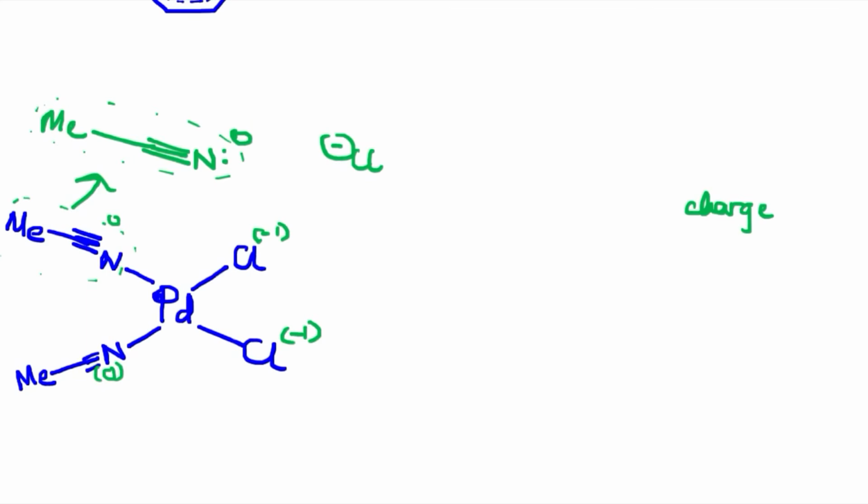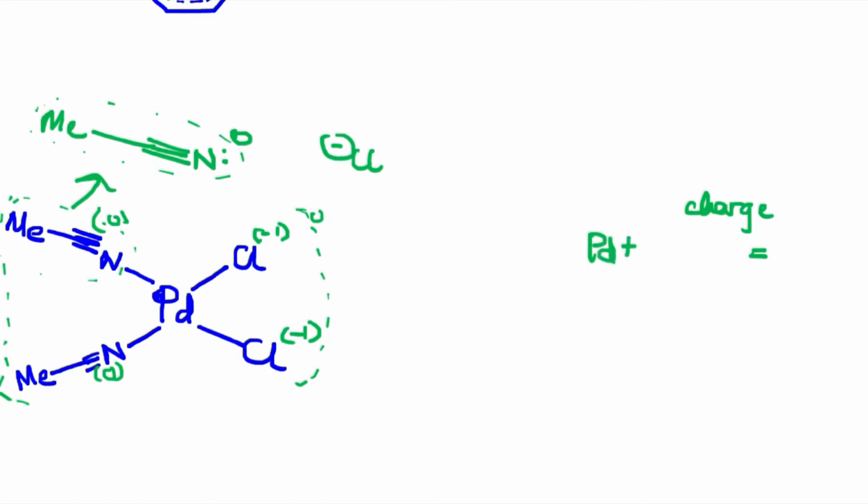Once we're trying to do the calculation for the overall charge for this particular compound, which is also considered to be 0, we now have to determine what the charge of palladium is. To do that, we sum all the charges, and then we find what palladium is.